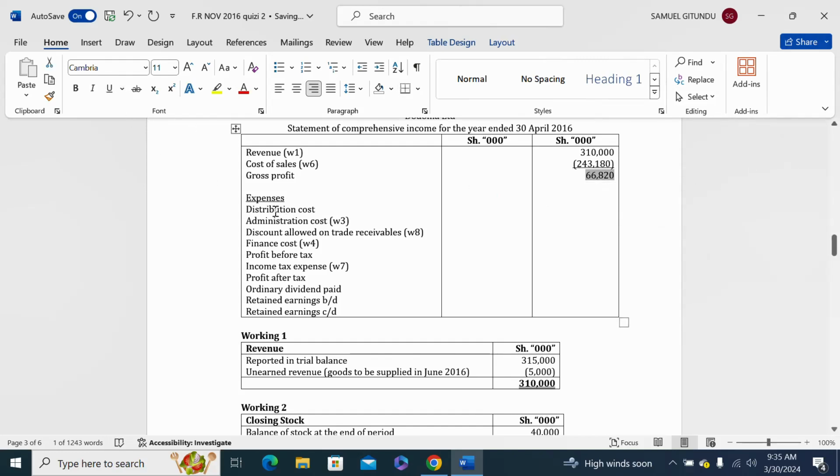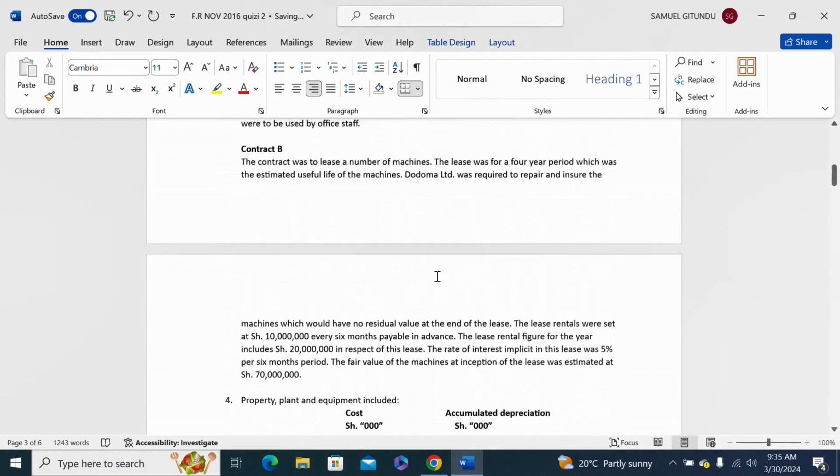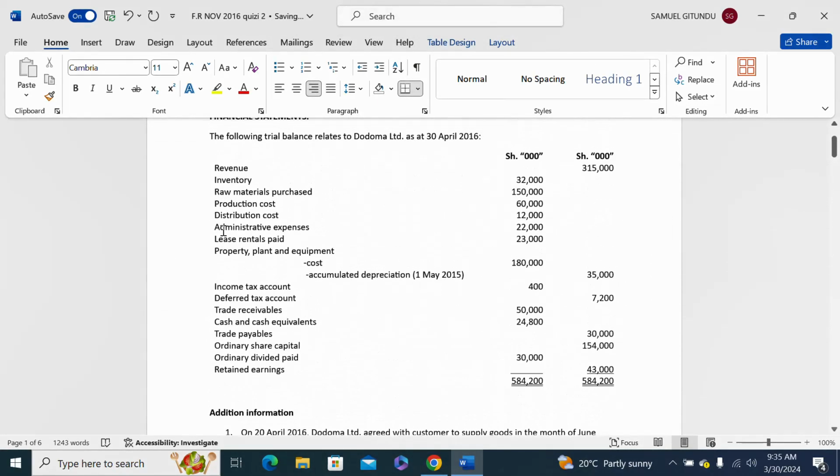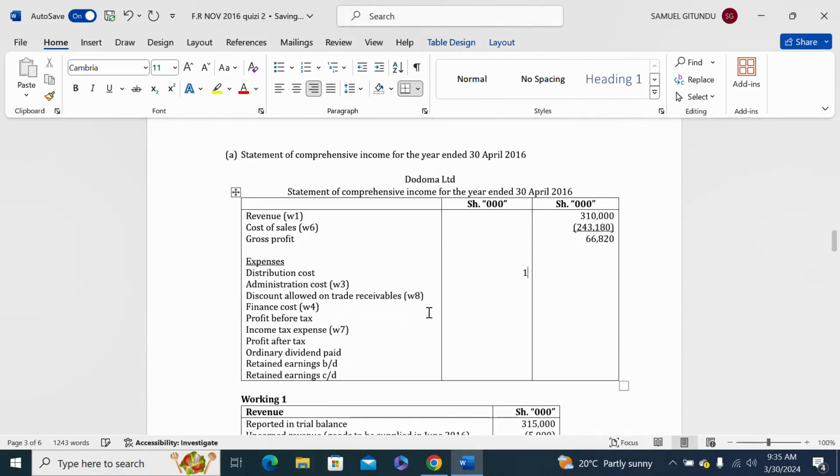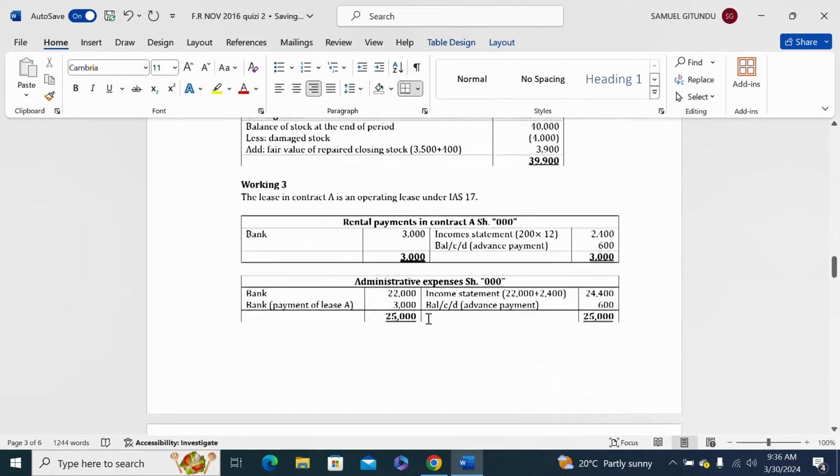Then we go to the expenses. Under the expenses, we have the distribution costs. The distribution cost we just take directly from the trial balance, and it is 12 million. We have the administration cost from our working note number 3.